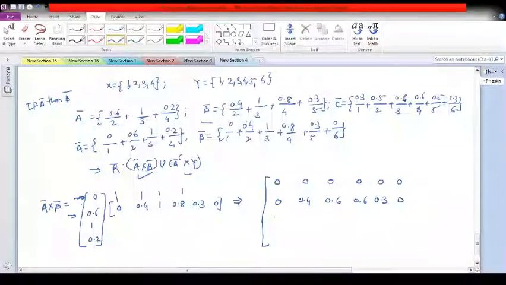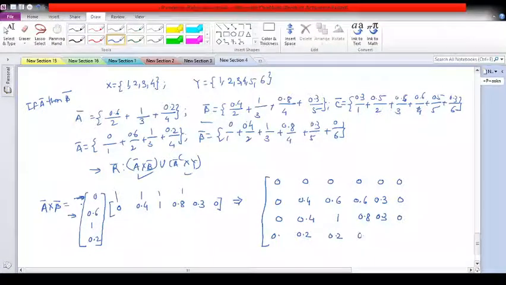Similarly for third row, it will be 0, 0.4, 1, 0.8, 0.3, 0. Fourth row, it is 0, obviously, 0.2, 0.2, then 0.2, again this will be 0.2, and this is 0. Okay. This will be obtained from A bar coupled with B bar.